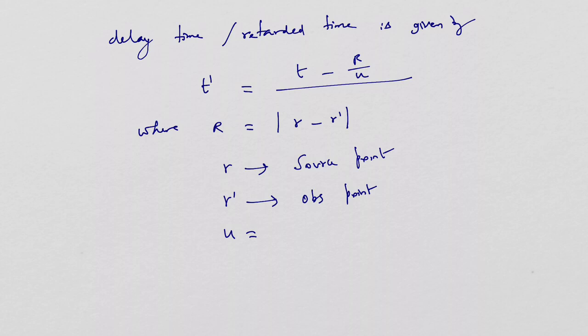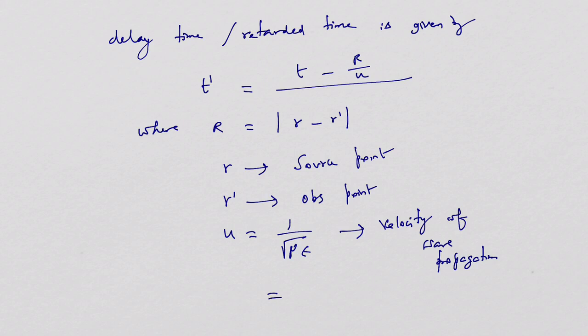Do you know what is meant by u? u is 1 by square root of mu epsilon, and it is the velocity of wave propagation. Do you know one thing? For free space, or the usual atmospheric condition, the velocity of electromagnetic wave is the velocity of light, which is equal to 3 into 10 power 8 meter per second.